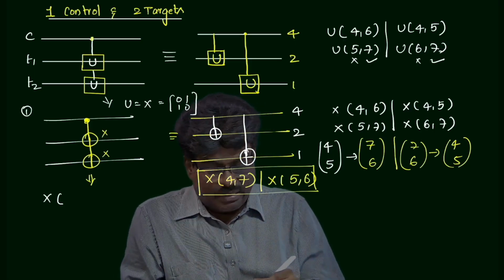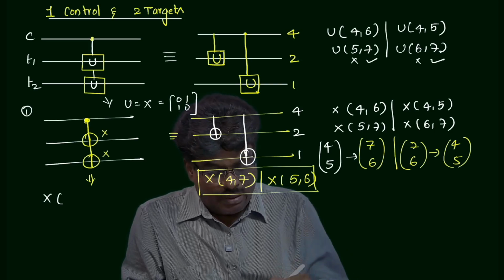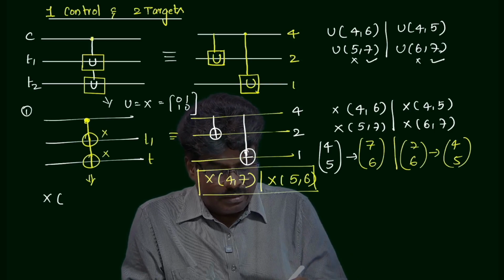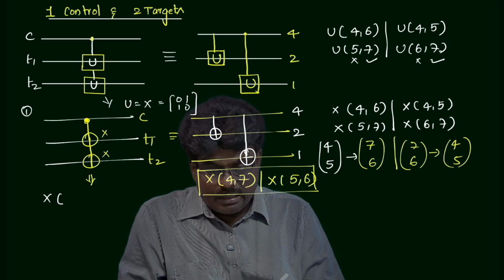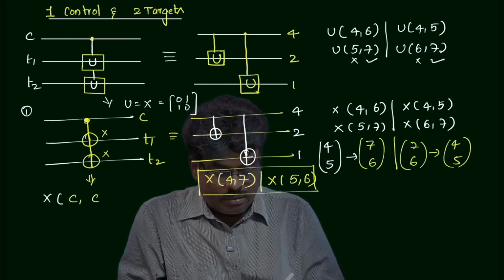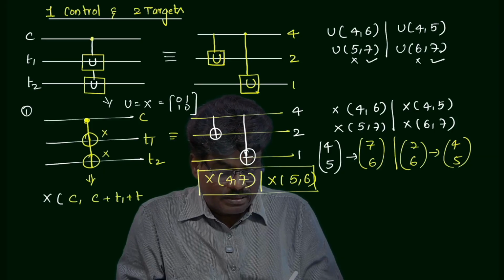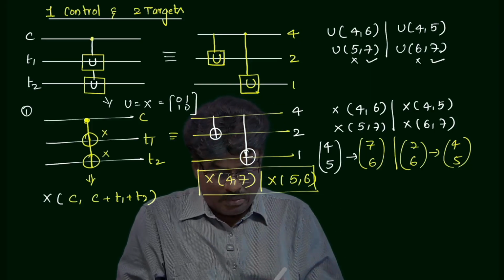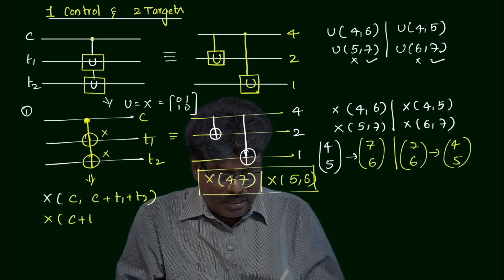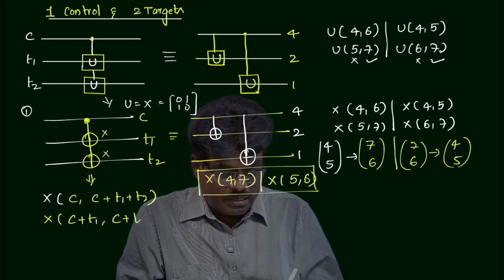So here we have T1 and this is T2 and this is C. So this is nothing but x of C comma C plus T1 plus T2, x of C plus T1 comma C plus T2.